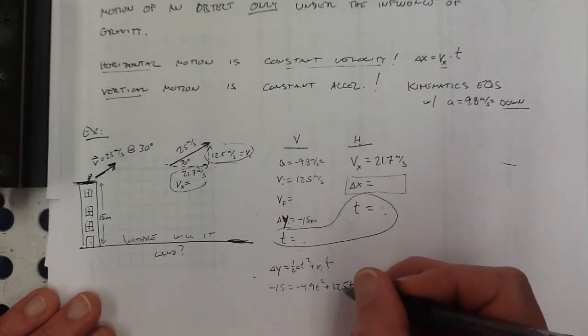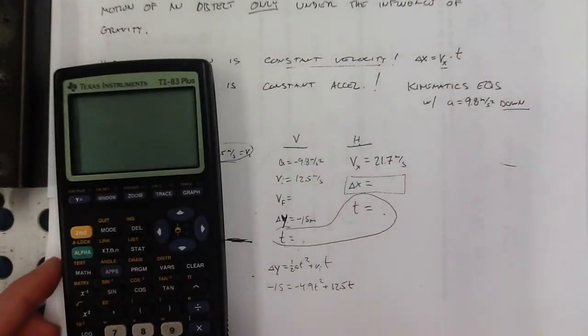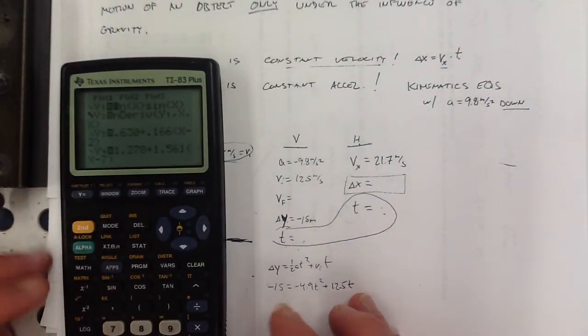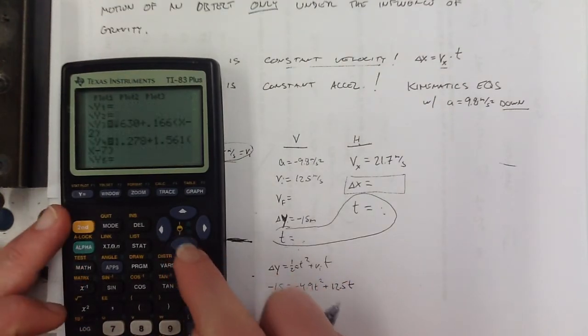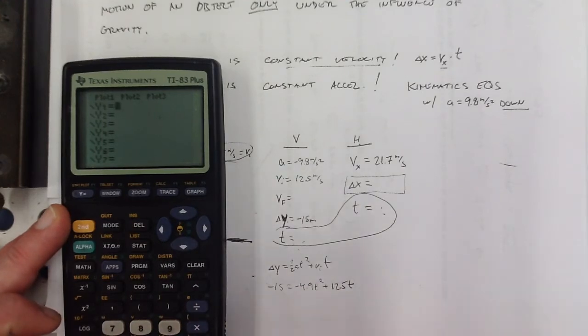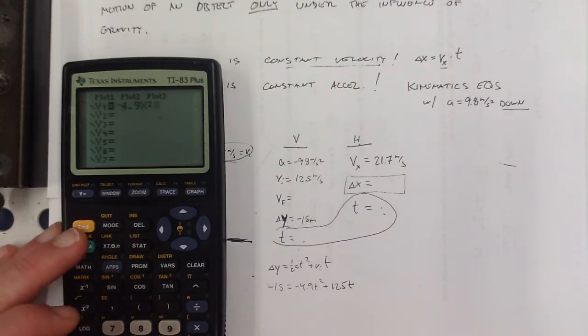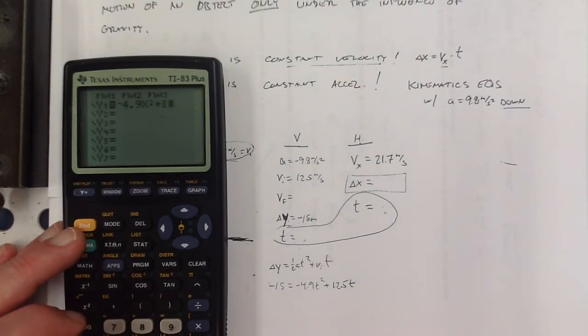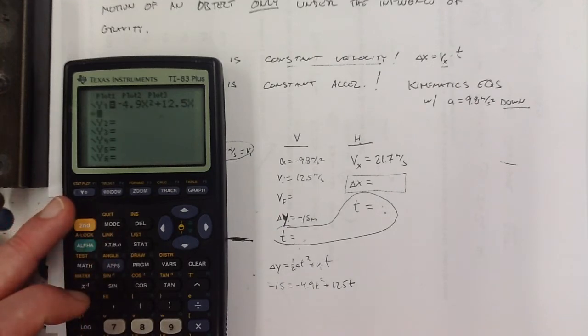That's a quadratic formula, or probably better to just do the graphing method here. There's a whole bunch of stuff in my calculator. And I need to move this to the other side. So negative 4.9 t squared plus 12.5 t plus 15.